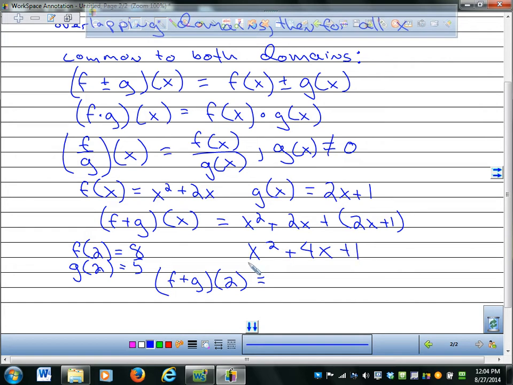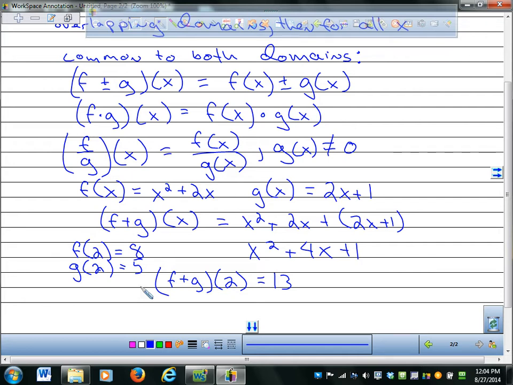So if I take 2 and plug it in here, I'm going to get 4 plus 8, which is 12, plus 1, which gives you 13, which is the same as if I would have done that. Okay?